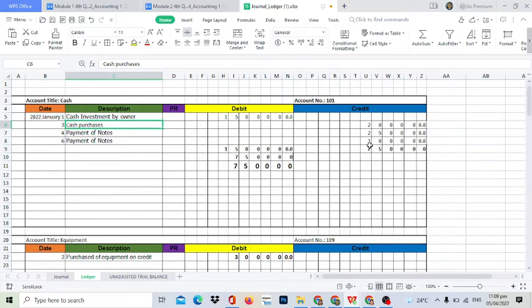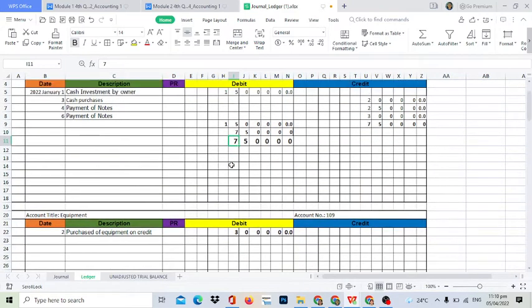Since meron po siyang 75,000 cash out. So, yan po yung mga cash out niya. Ginamit niya po yan pambili ng other assets. Pinambayad po sa kanyang liabilities, which is the notes payable. So, ililess lang po natin yung total credit sa total debit. So, yung magiging total cash po dyan is 75,000.